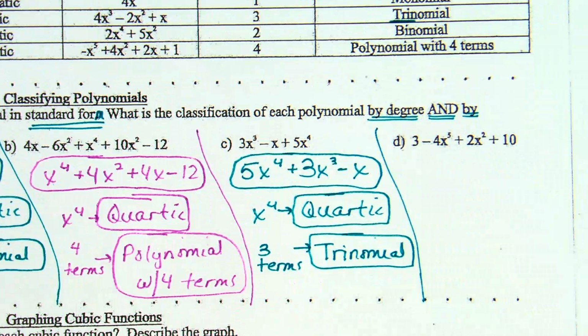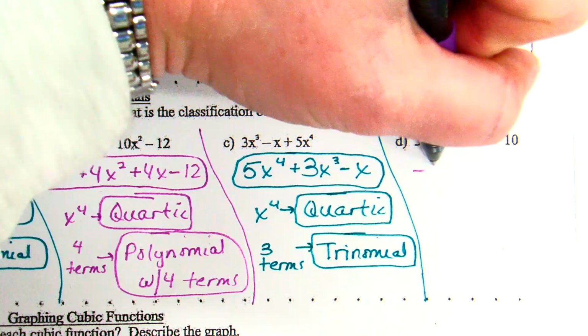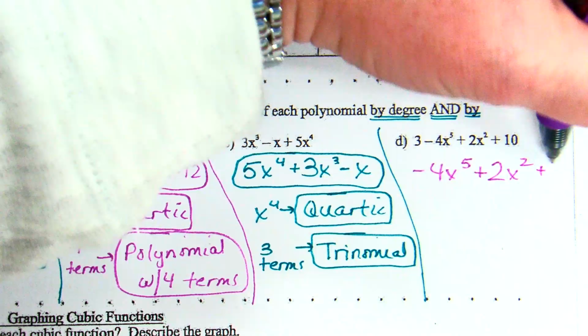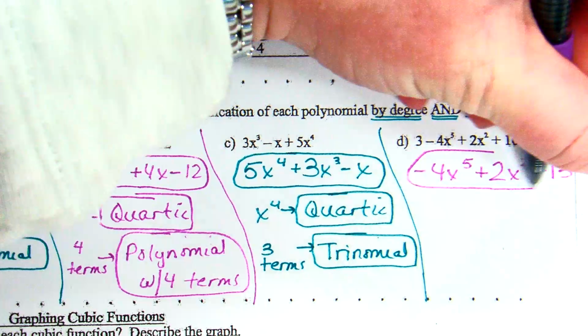Standard form. Negative 4x to the fifth. Okay. So notice she took the negative with it, negative 4x to the fifth, plus 2x squared, plus 13, because 3 and 10 are like terms.